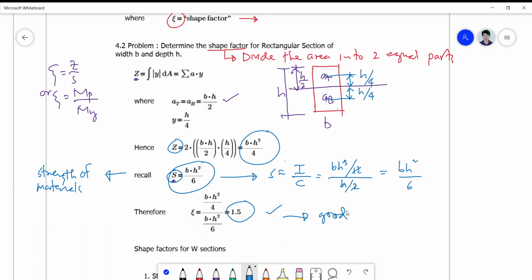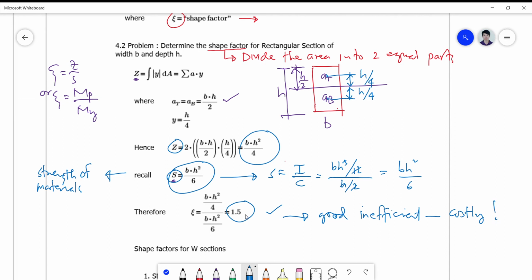But the problem is, for steel design, a rectangular steel is actually an inefficient section. Why inefficient? Because it is costly.